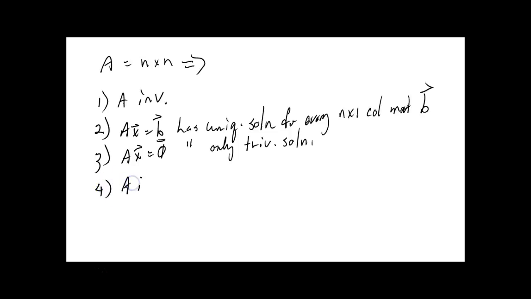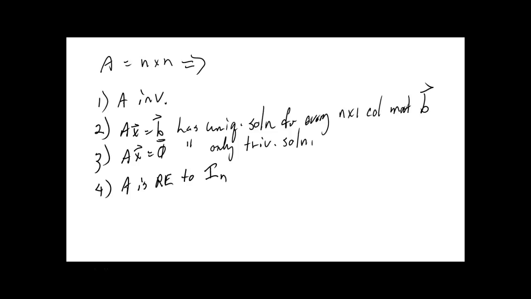Number 4. A is row equivalent, remember that's my abbreviation for that, to what matrix? The identity matrix of size n. If you take it down doing your row reductions, all the way down, you're going to wind up with the identity matrix.